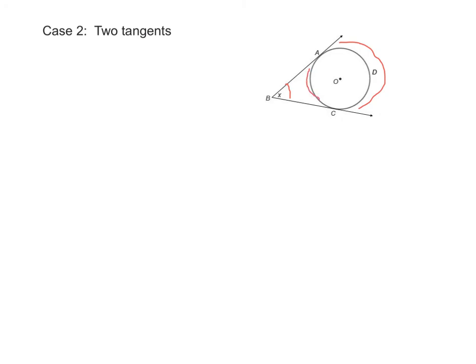So the measure of angle X is equal to 1/2 the difference of the measure of arc ADC minus the measure of arc AC.